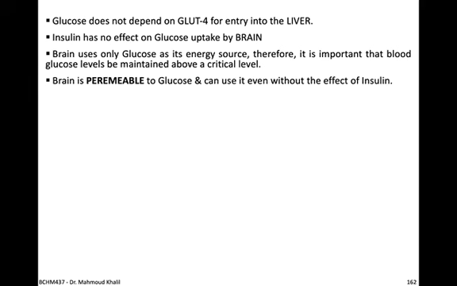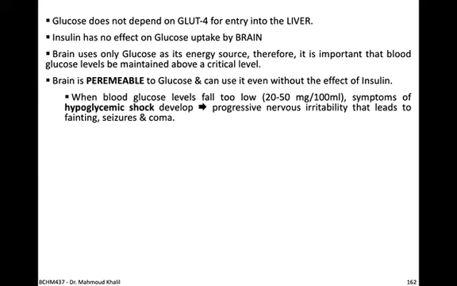The brain is permeable to glucose and can use it even without the effect of insulin. When blood glucose level falls too low, around 50 milligrams per 100 ml, the symptoms of hypoglycemic shock develop. This will progressively affect the brain and the nervous system, because as we said before, the nerves have a type of GLUT transporter, GLUT3 actually, which is independent of insulin.